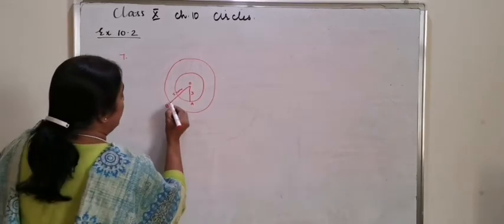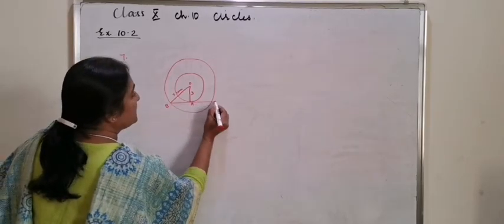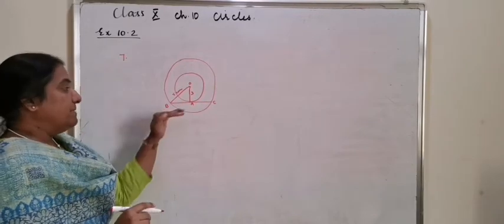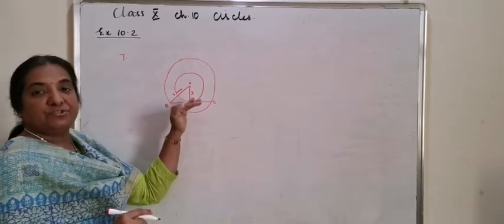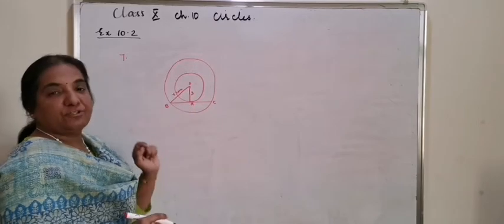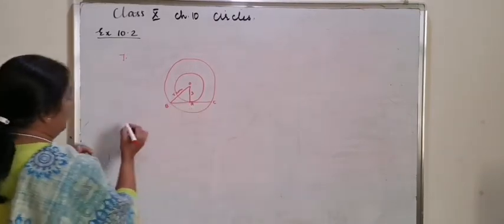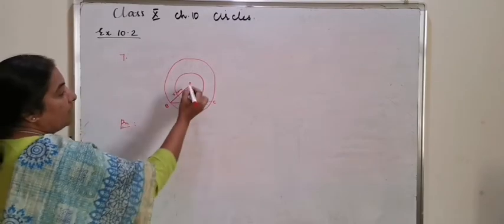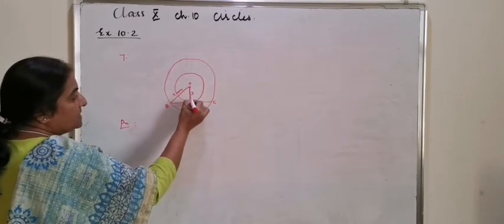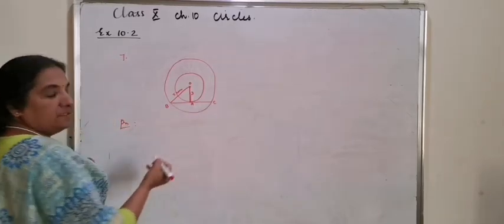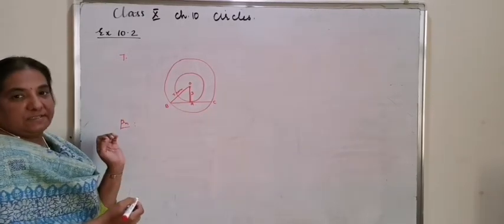We have to get the length of a chord BC of the larger circle, but BC is also a tangent to the small circle at the point of contact A. So now, OA is a radius, BAC is a tangent for the smaller circle.